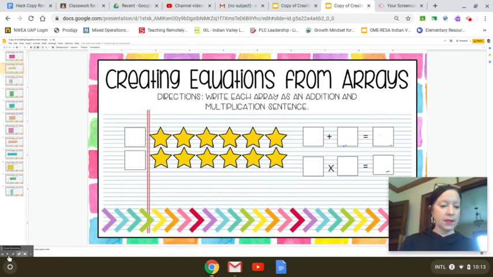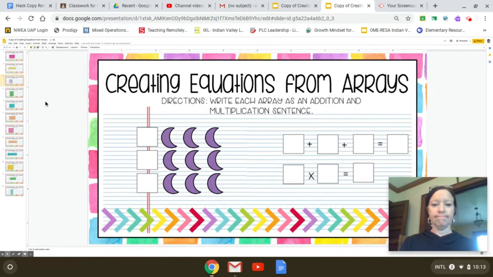So let's see, go back to this. Okay. All right, let's look at the next screen. Got moons here. All right, so without writing on my screen, how many columns do we have? Count them. 1, 2, 3.